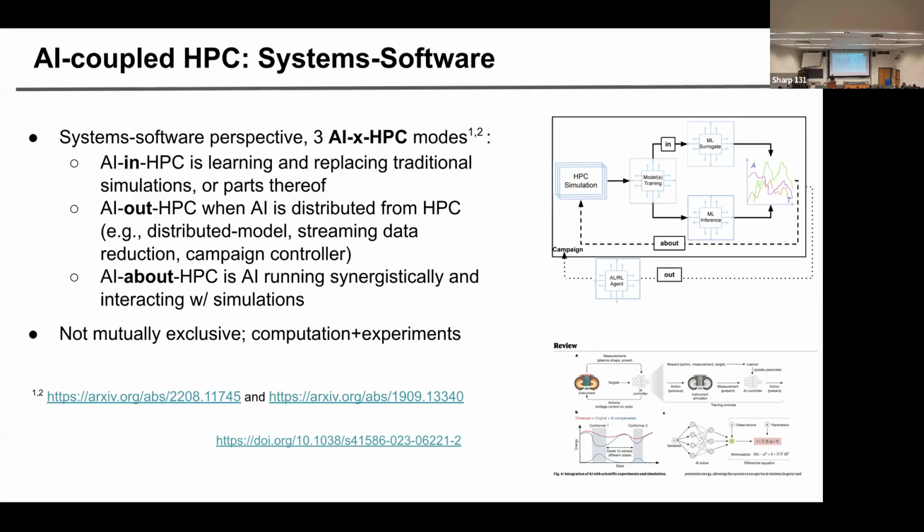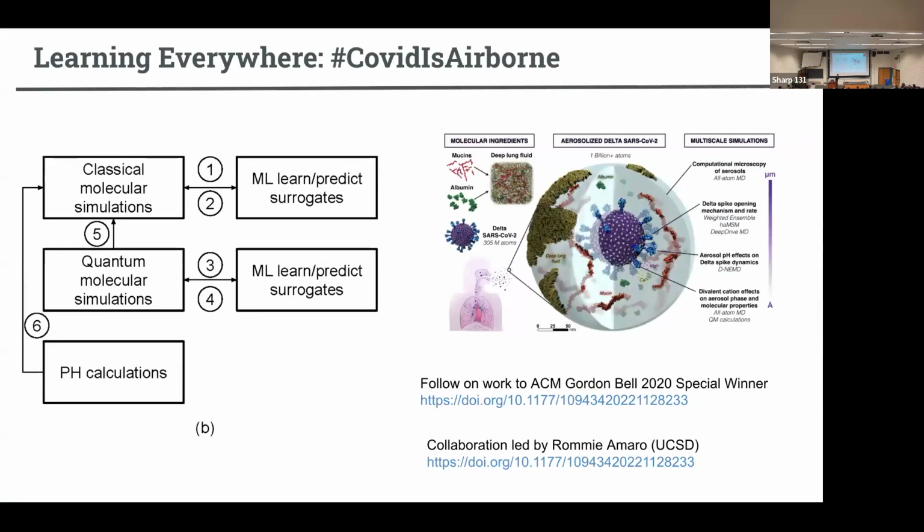And this is not theoretical musings. I'm just trying to show you work that we've done. In this case, again, another COVID project where we have 4 or 5 different computational workflows working together, with AI working with the traditional HPC workflows in different ways, sometimes AI in, sometimes AI out, but the point is the whole campaign.